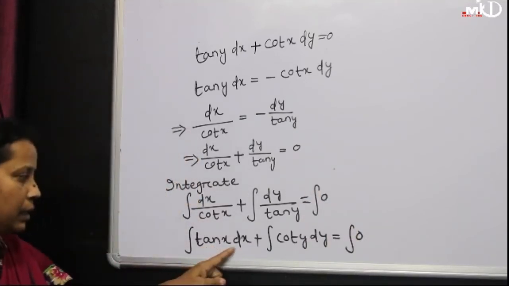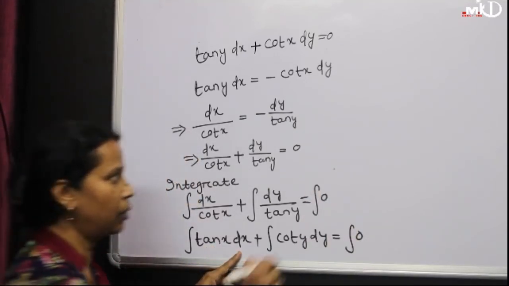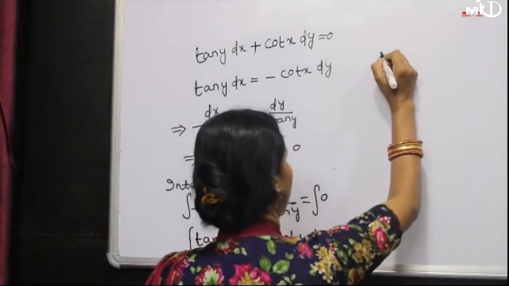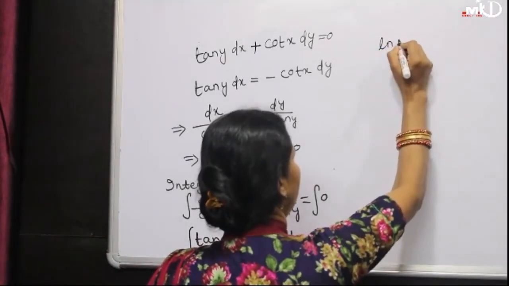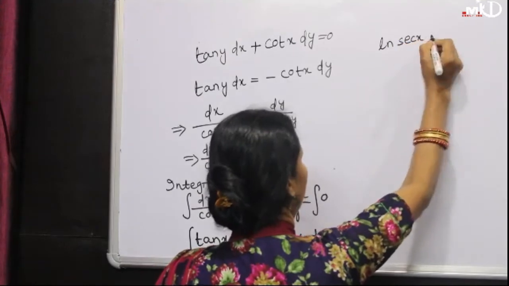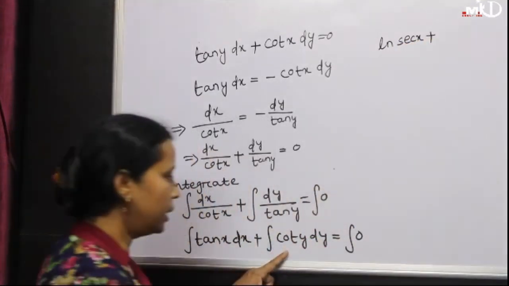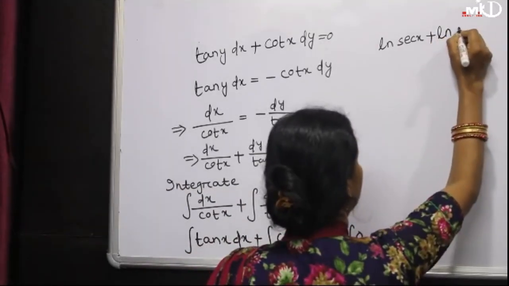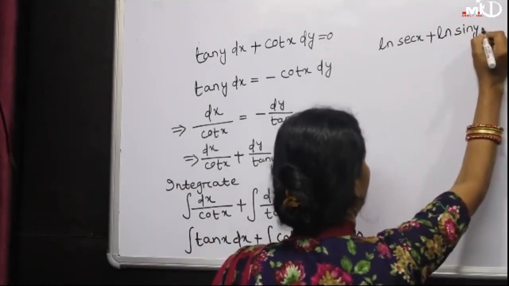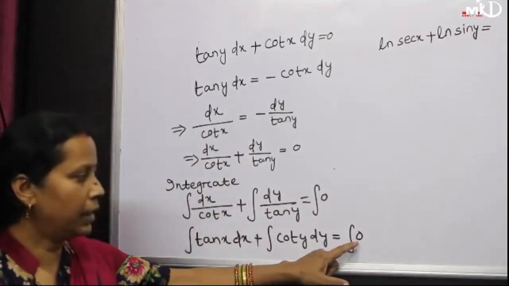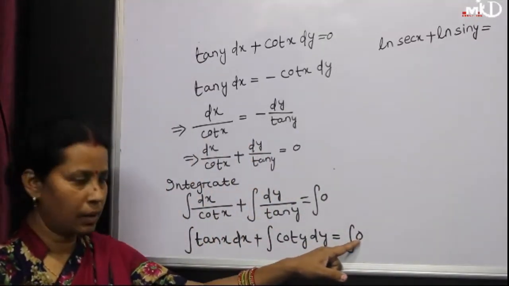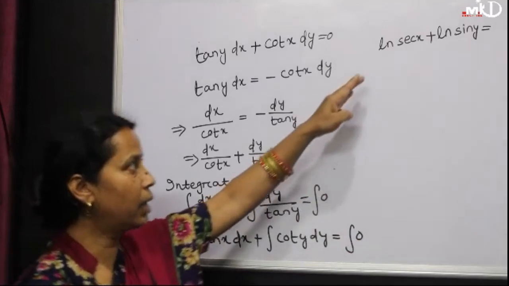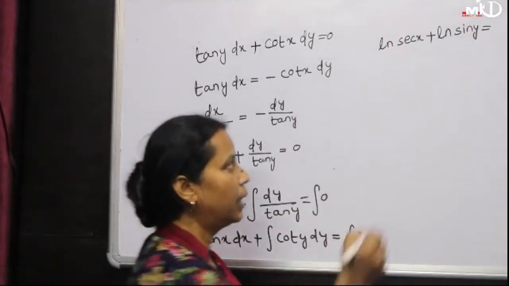And the integration of tan x dx is equal to ln sec x, plus the integration of cot y dy, that is equal to ln sin y, and since the integration of 0 is a constant, we can take according to our convenience, that is ln a.